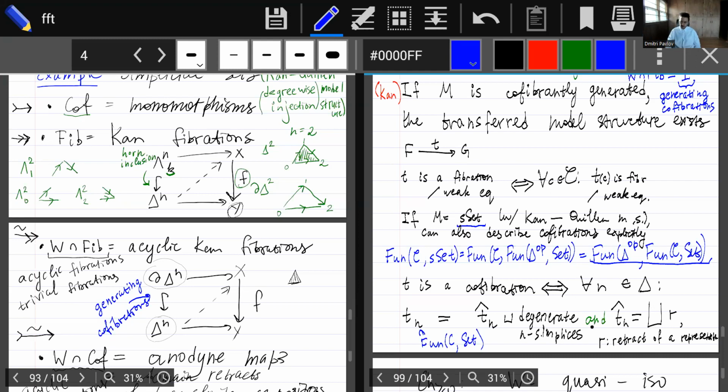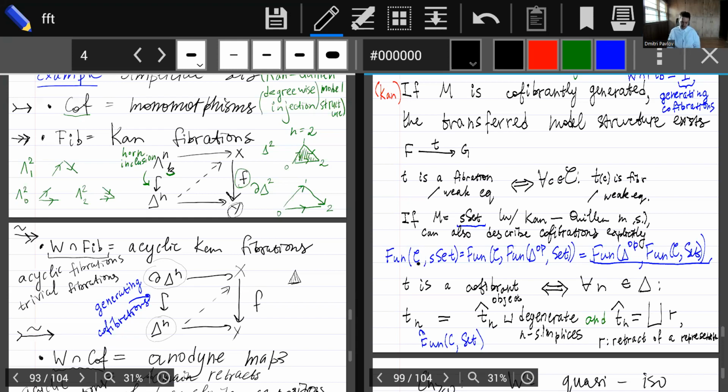And the second condition you have to impose for being a cofibration, maybe I should say cofibrant object, because that's what I decided to stick to, is that Tn, the non-degenerate simplices, are themselves a coproduct of retracts of representable presheaves.